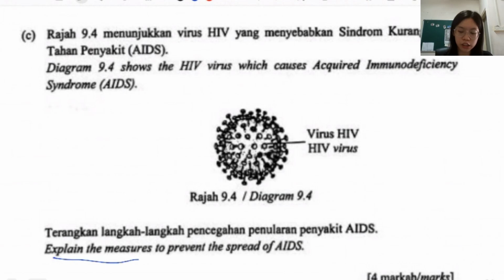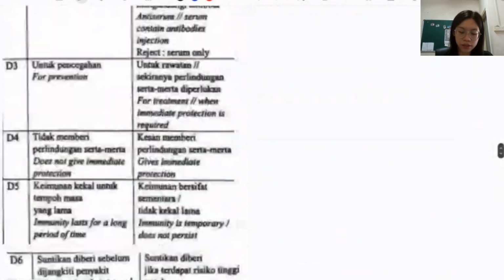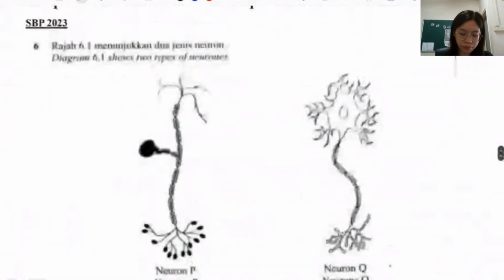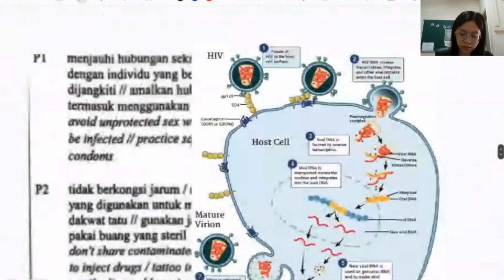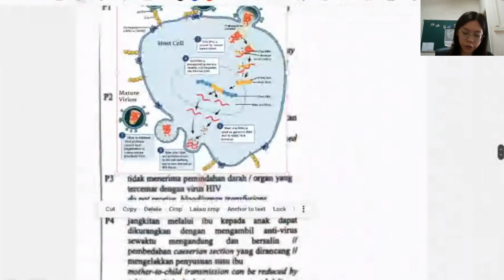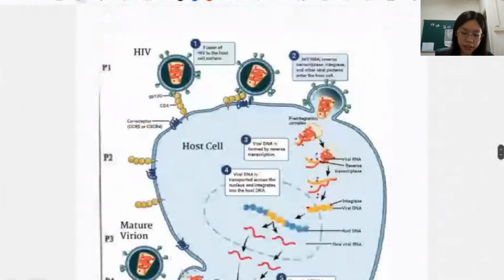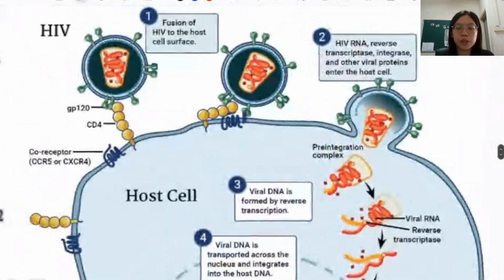So the preventive measures are actually quite a lot. A lot of students don't understand why HIV is so hard to cure. Normally it can only be treated for its symptoms but can't really be cured.